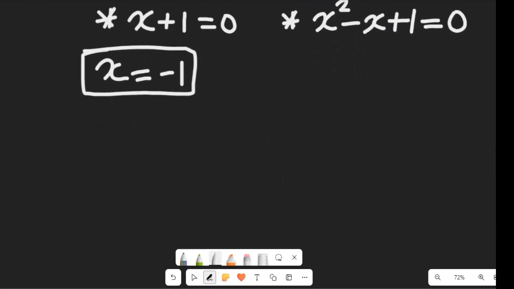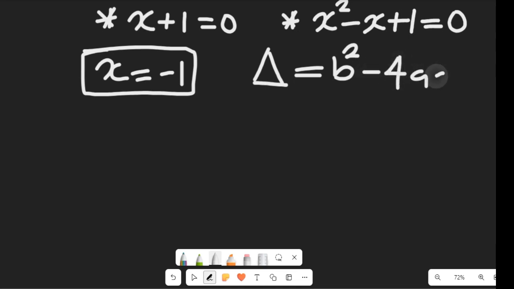While on this other side, we're going to look at solving this expression using the quadratic formula. But before that, let's test using the discriminant to see if the solution can give us real solutions, because we are finding the real solutions of x. So this will give us b squared minus 4ac.